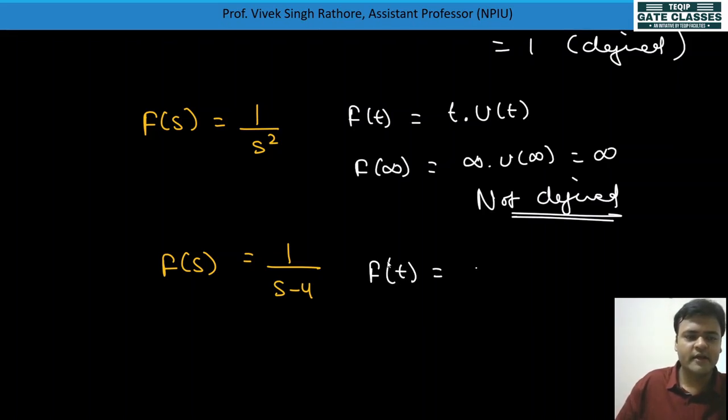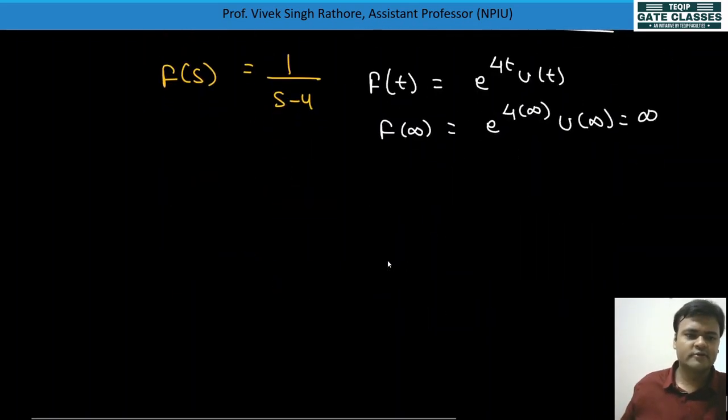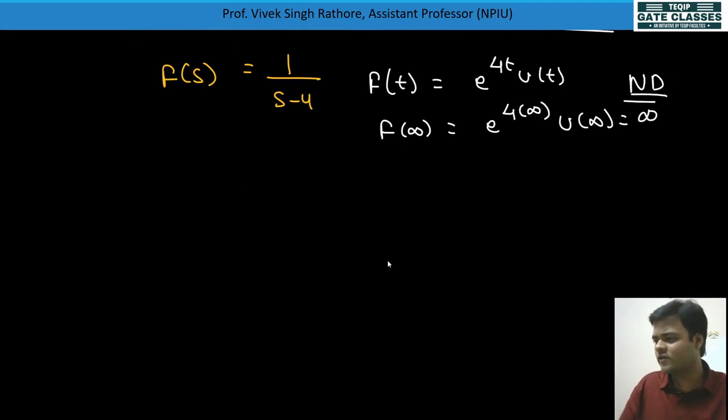F of t will be e to the power 4t into u of t. Okay, so f of infinite value, what will be there? So e to the power 4 into infinite, u of infinite, so the value will be infinite only. So is it defined? It is not defined. This value is also not defined.